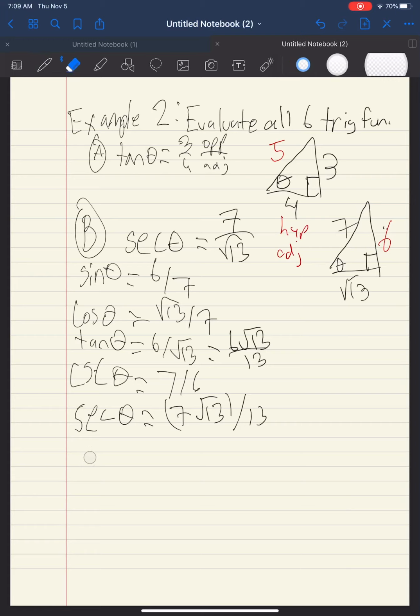And then lastly, we have cotangent, which is the reciprocal of tangent. I would just use 6 over square root of 13, and the reciprocal would be square root of 13 over 6. And that would be our final answer for all of that, since we said we had to evaluate all the 6 trig functions and find them using what we were given.